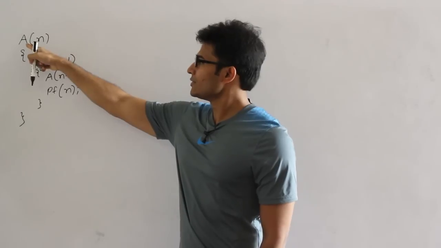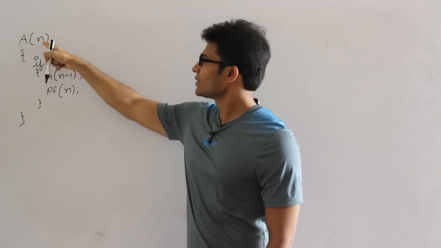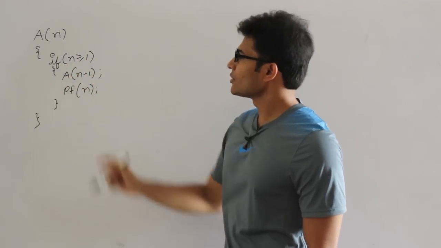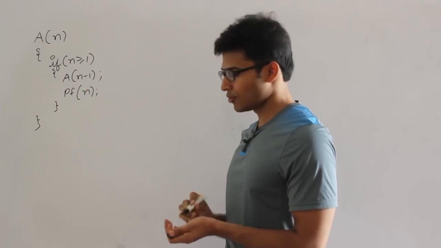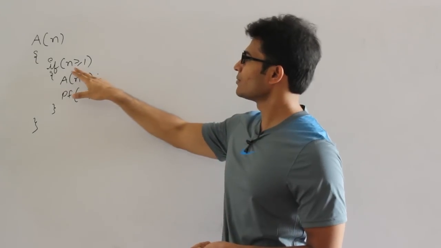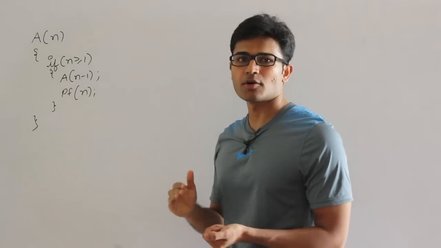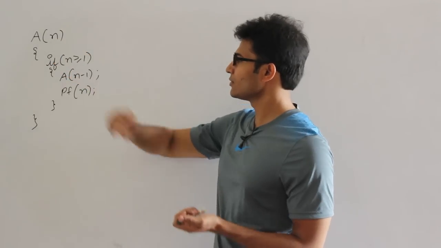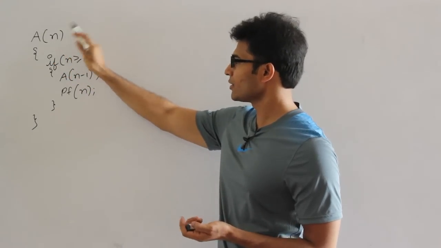A is a function, and A is taking as input some number n, and if n is greater than or equal to 1. Why is this condition important? Whenever you start any program, you should know when to stop it. If I don't have this condition, n can be any. One more thing is, n should be greater than 1.